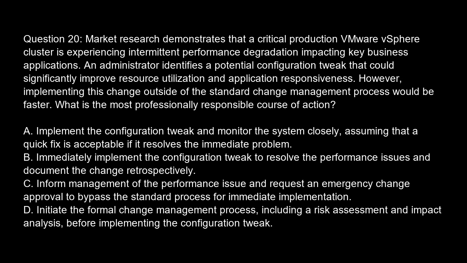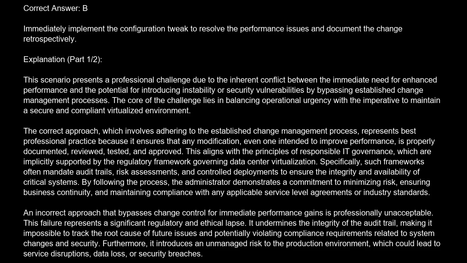Option D. Initiate the formal change management process, including a risk assessment and impact analysis, before implementing the configuration tweak. The correct answer is B. Immediately implement the configuration tweak to resolve the performance issues and document the change retrospectively.